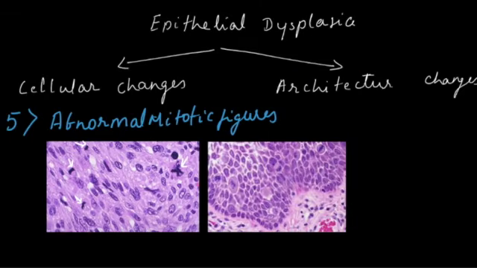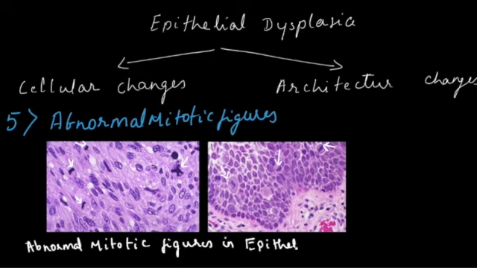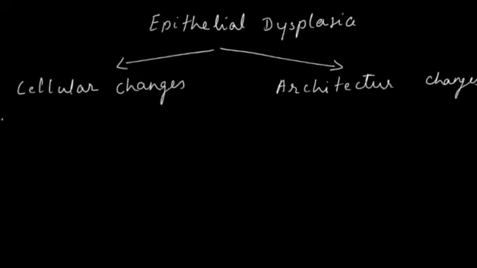I want you to appreciate how abnormal mitotic figures appear inside a dysplastic epithelium. So here is the photomicrograph of mitotic figures, that is abnormal mitotic figures in epithelial dysplasia.